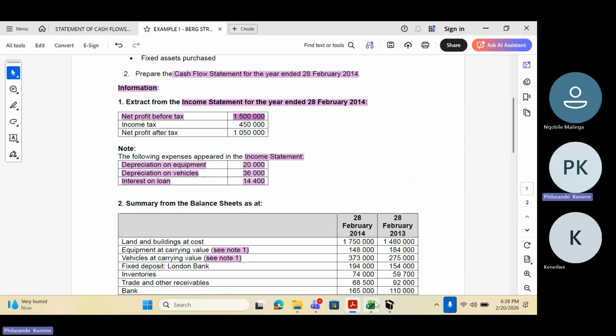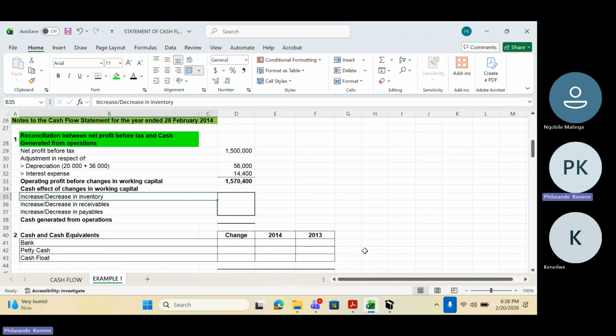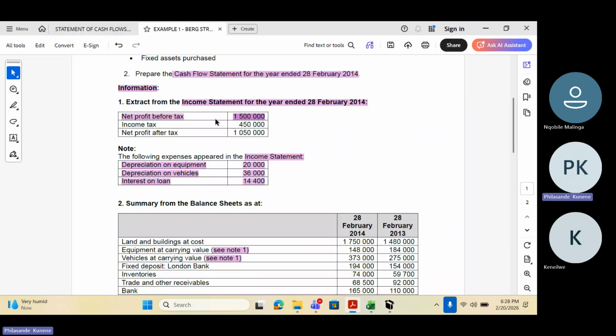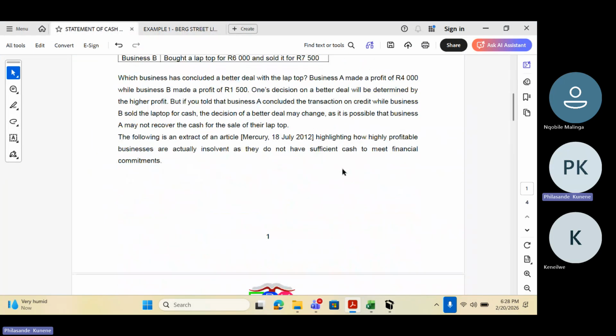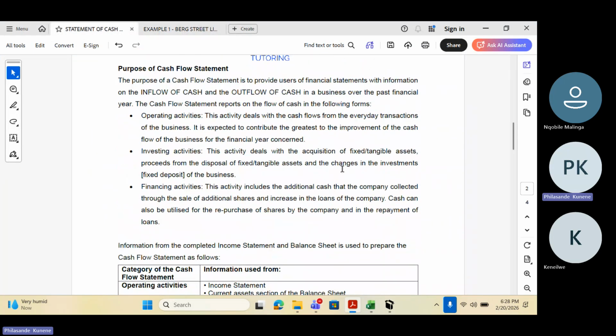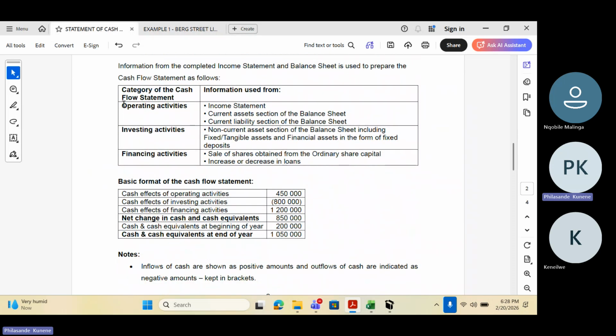So this information is going to be in the balance sheet now, because remember guys, we're dealing with cash flow from operating activities here. You could see there that I was dealing with interest just now, and with depreciation, and we took the net profit before tax.